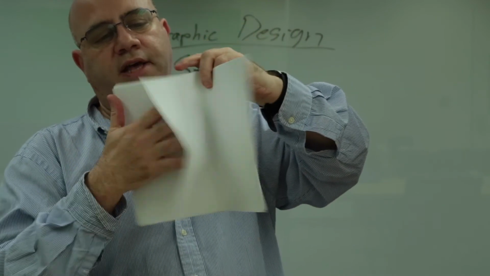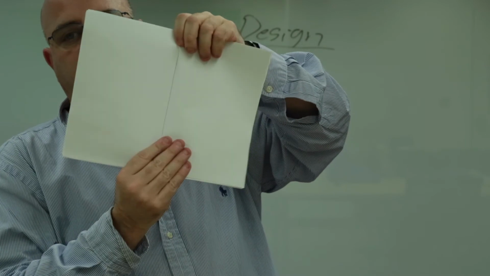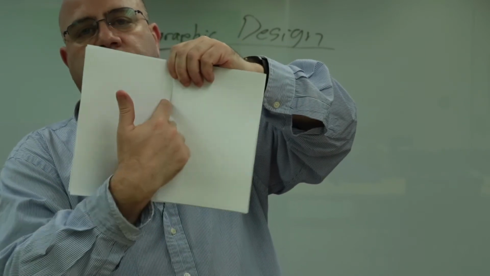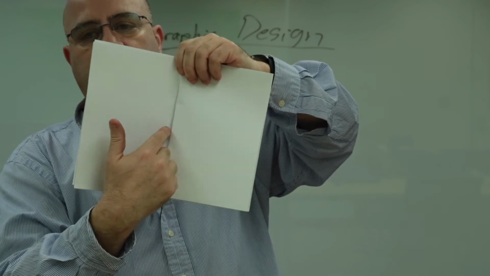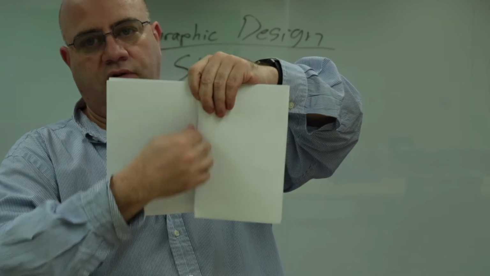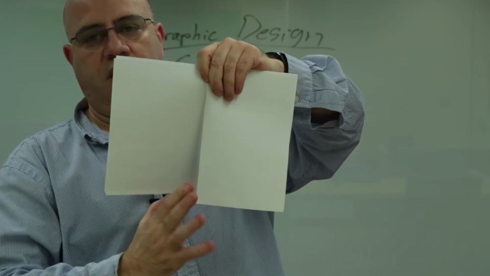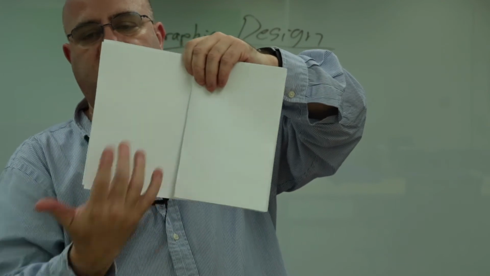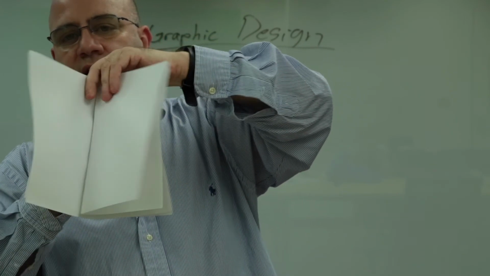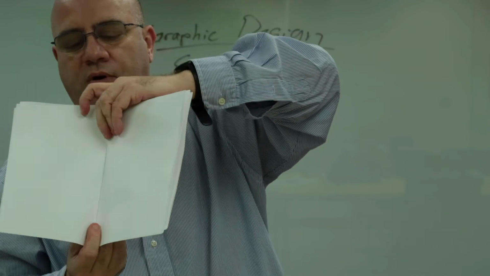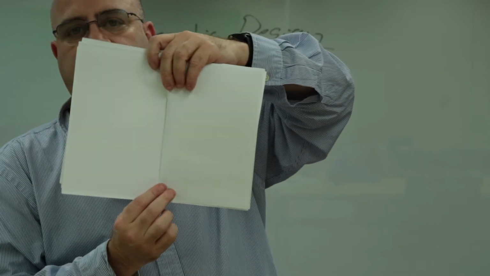Now, with spaces like this, even with a staple, you may lose some of what you can see here, okay? This is called the gutter, right here in between, and a lot of this ends up getting obscured because of a binding. If you had a binding that was thicker, that wasn't simply a staple, a bunch of this might be obscured, okay?